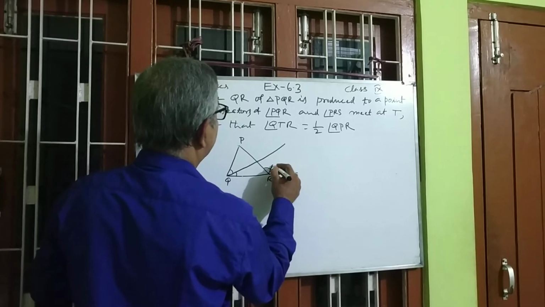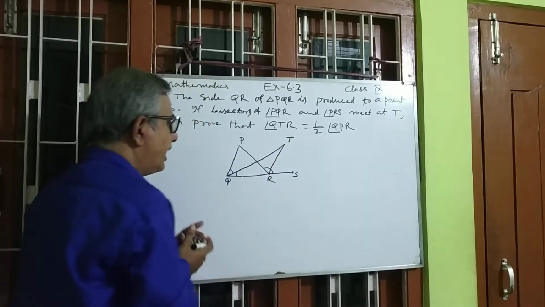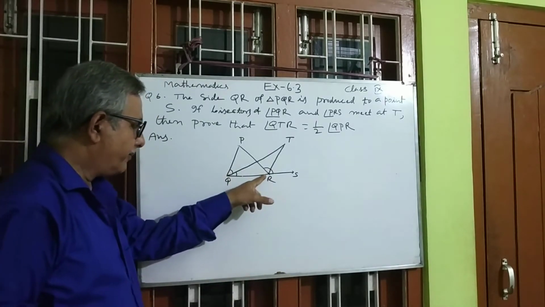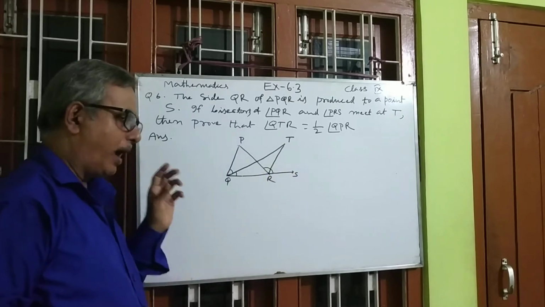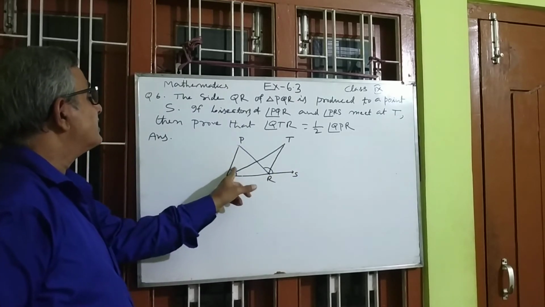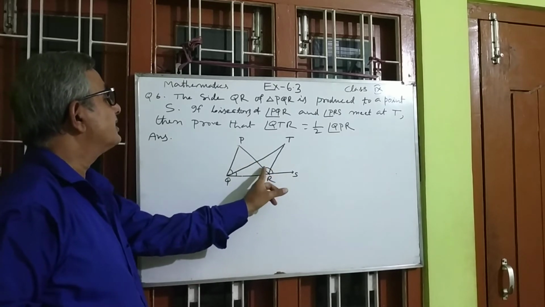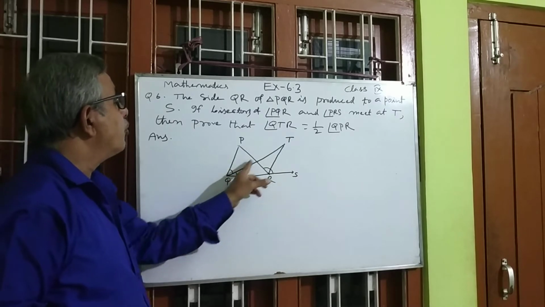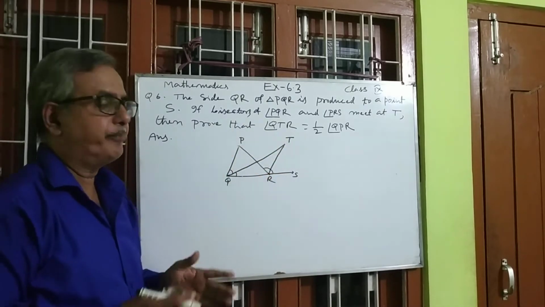These two bisectors meet at T. Clear? Triangle PQR, the side QR is produced to S. The bisector of angle PQR and the bisector of angle PRS, on producing, meet together at T.